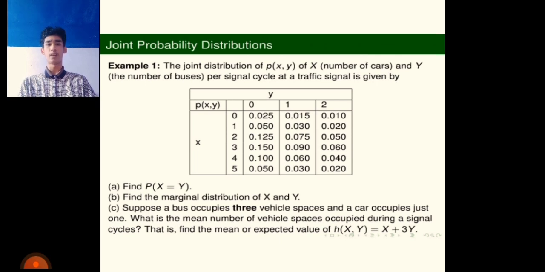B, find the marginal distribution of x and y. C, suppose a bus occupies 3 vehicle spaces and a car occupies just 1. What is the mean number of vehicle spaces occupied during a signal cycle? That is, find the mean or expected value of h of x and y, which equals x plus 3y.